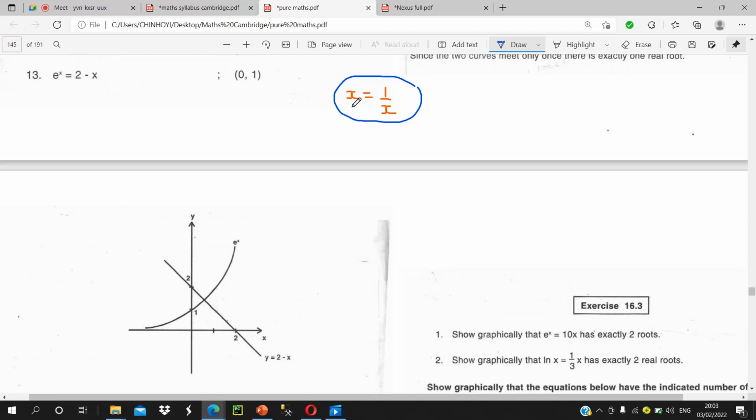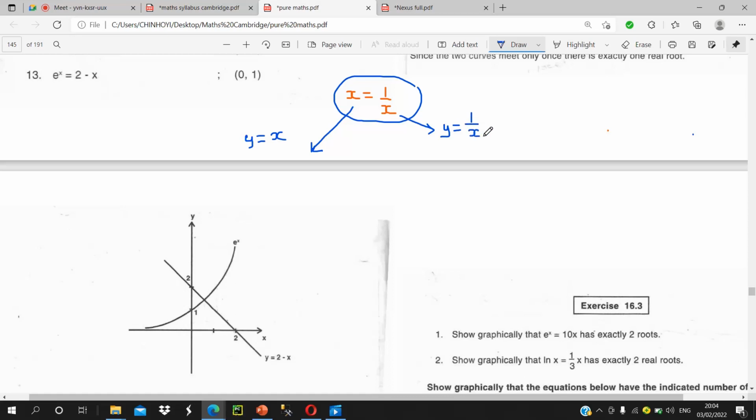Yes. As you can see, this equation we can split. So we are going to draw the graph of y equals x, right? Yes. And also the graph of y equals 1 over x, and see what happens to these graphs.